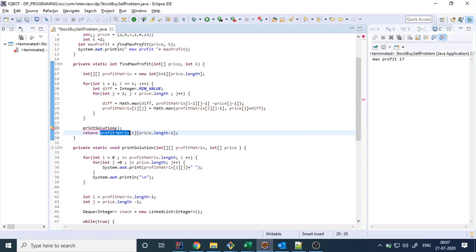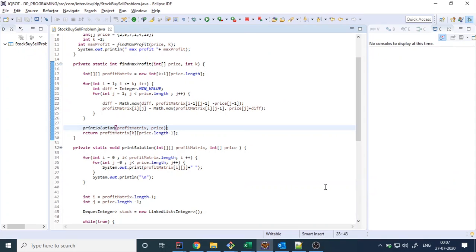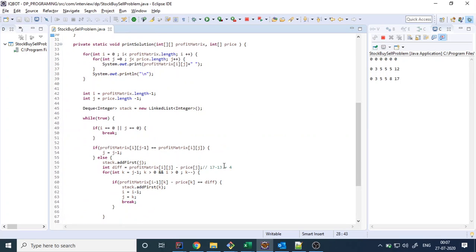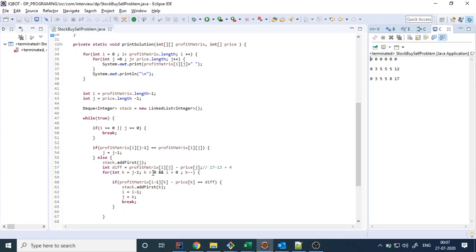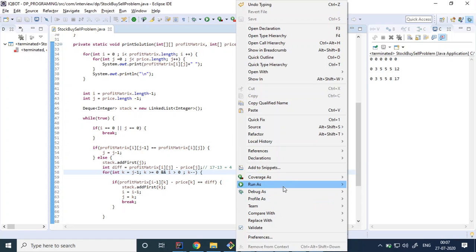Some method here call. One minute, i greater than or equal to 0.